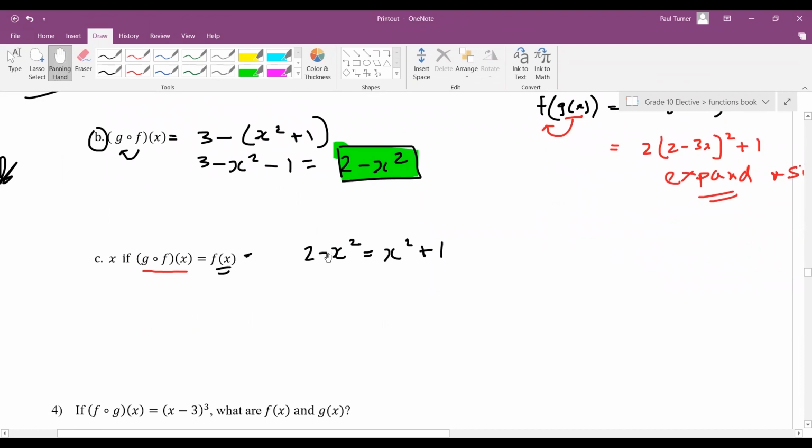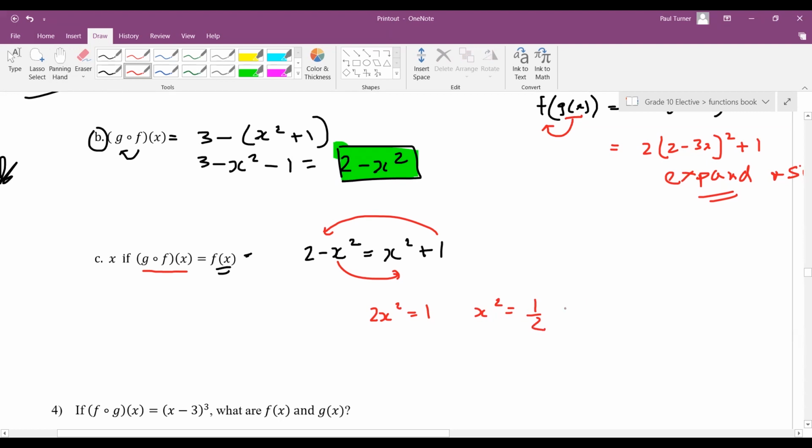So x², I'll put this x² on this side. So you'll get 2x² and put the 1 on that side. It would be 2 − 1, which is 1. So 2x² = 1. So x² equals a half.